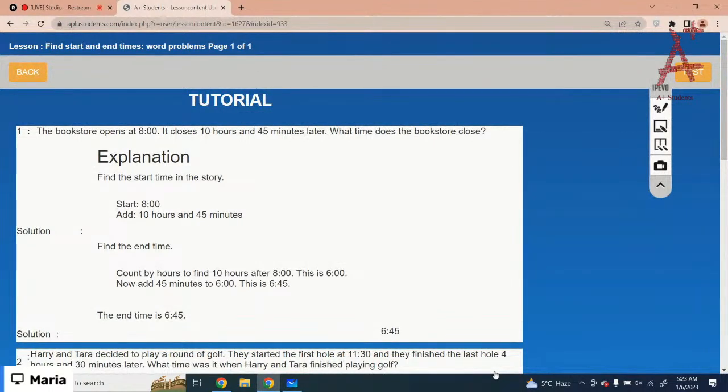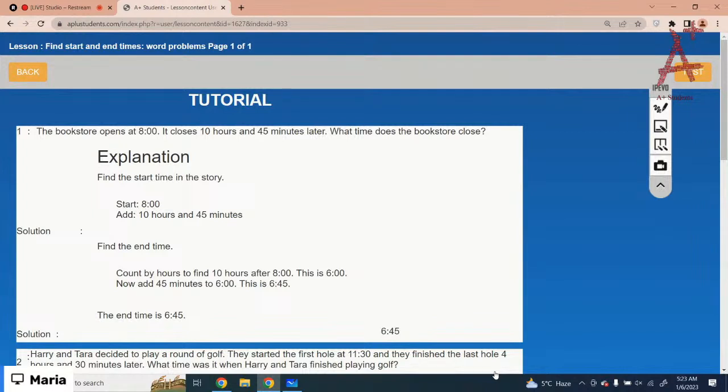Okay, the bookstore opens at 8 a.m. It closes 10 hours and 45 minutes later. What time does the bookstore close? So the start time is 8. Got it?